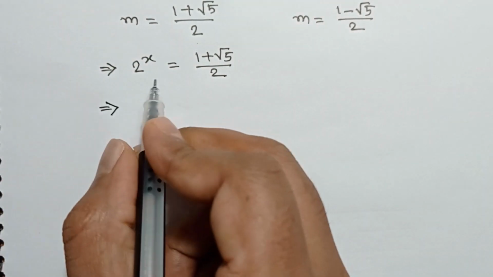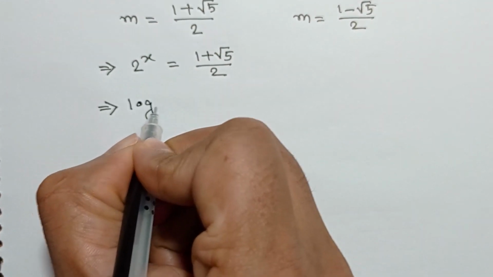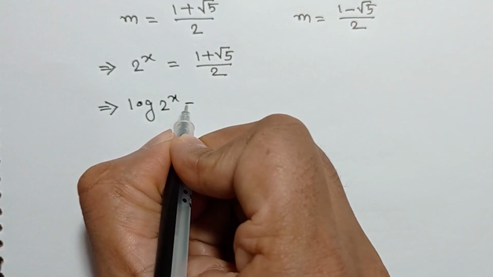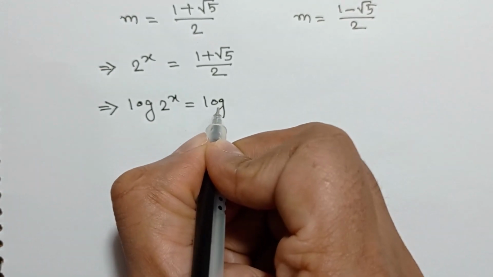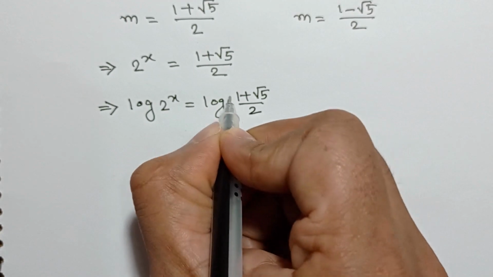Taking log on both sides, we will have log 2 to the power x is equal to log of 1 plus square root of 5 over 2.